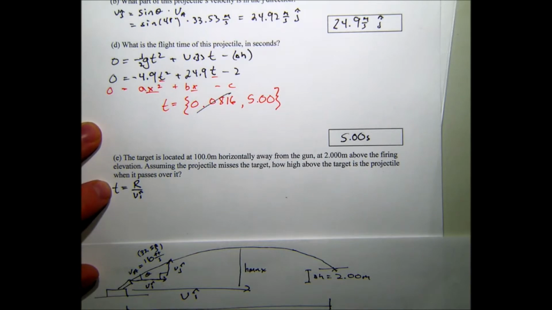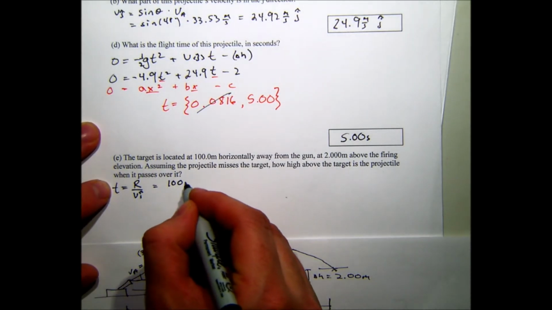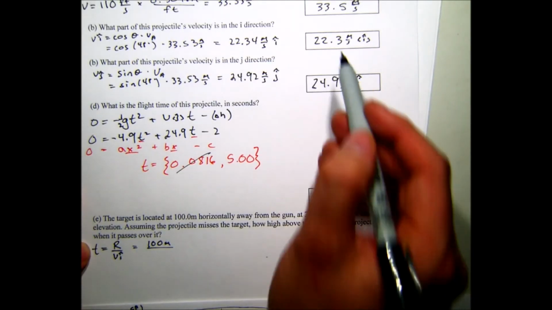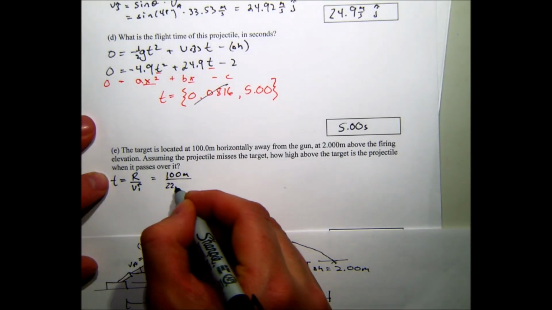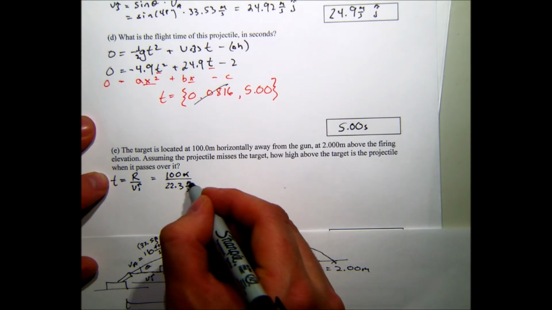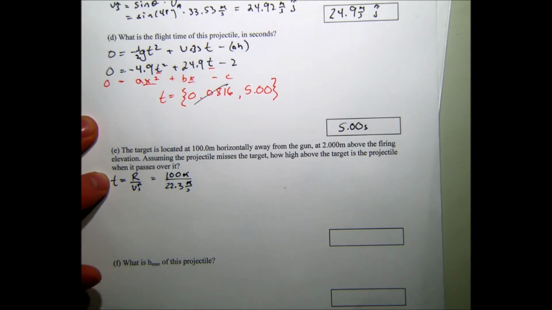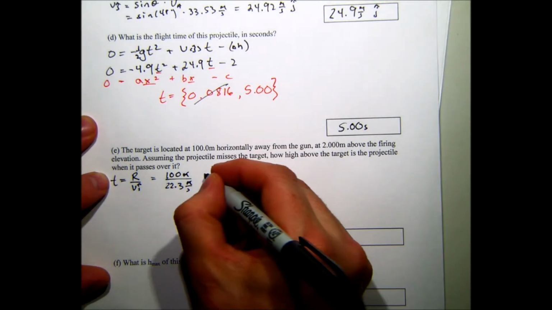It is just a grade 10 equation. So 100 meters divided by, well, our I hat speed is 22.3. Meters cancel, seconds are on the bottom of the bottom. So we can actually make sure our unit comes up in seconds. And we have 4.48 seconds.